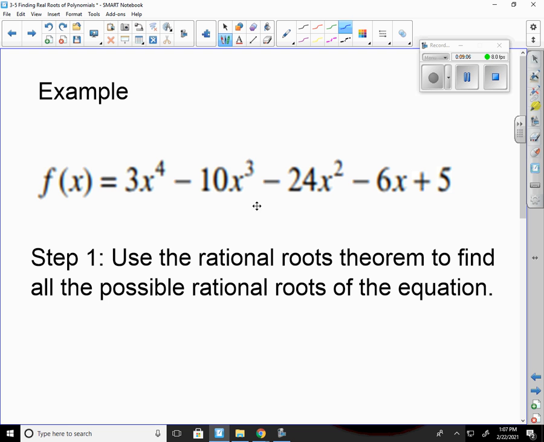The constant term is always going to be the one with no x. So what are factors of 5? What multiplies to give us 5? It could only be 1 and 5. Then we have q. What multiplies to give us 3? It could only be 1 and 3.